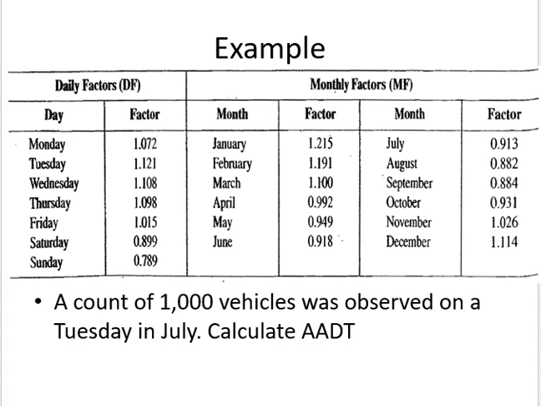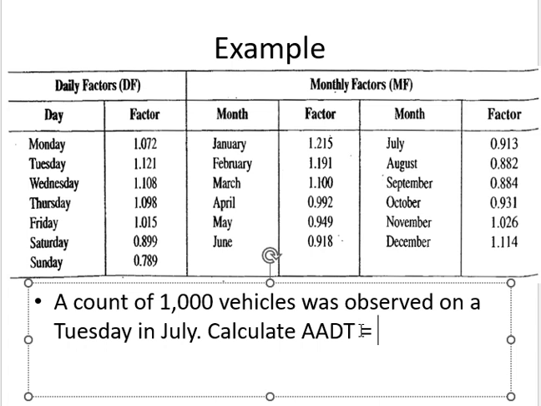So this one is multiplied by the factor of Tuesday and the factor of July. So AADT will be 1000 times the factors, and becomes how much? 1023.5.